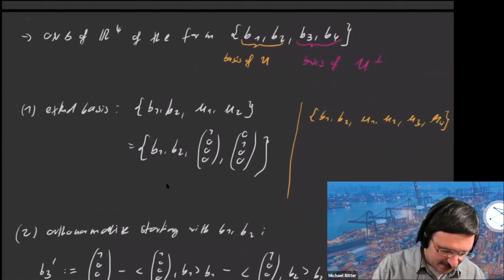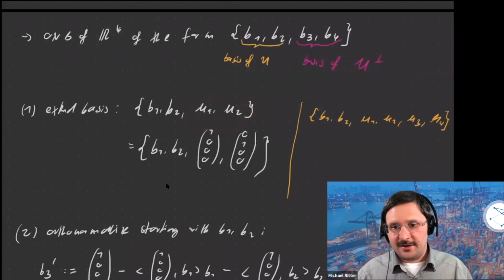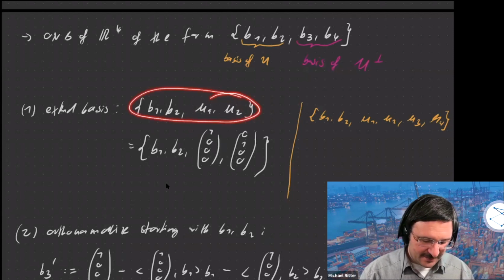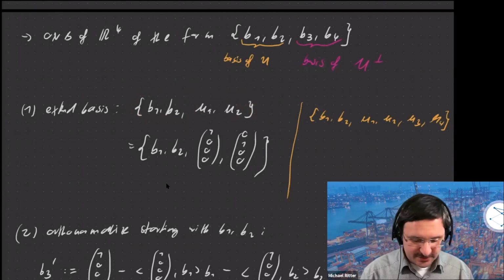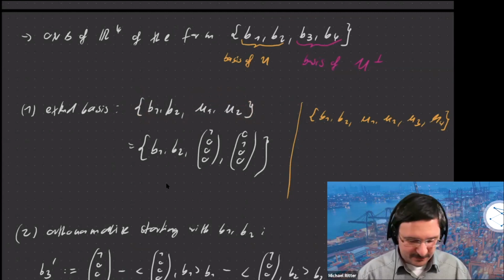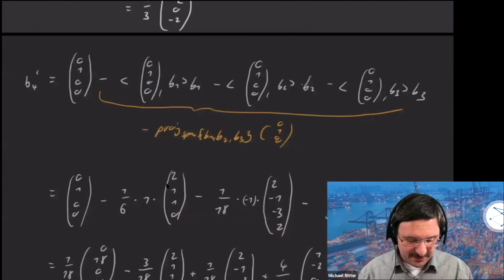This choice here, adding U1, U2, was completely arbitrary. You could have added any vectors that result in a basis here. And of course, the choice of vectors here influences your result. So you would get a different orthonormal basis for R4 if you choose different vectors, or if you just reverse the order. So your result might be very different from mine.